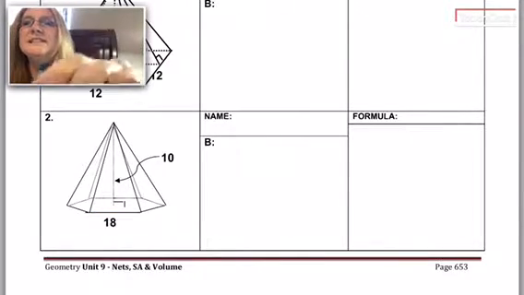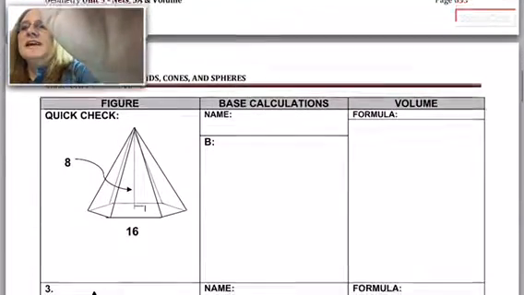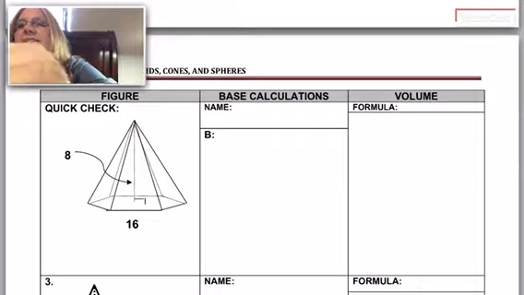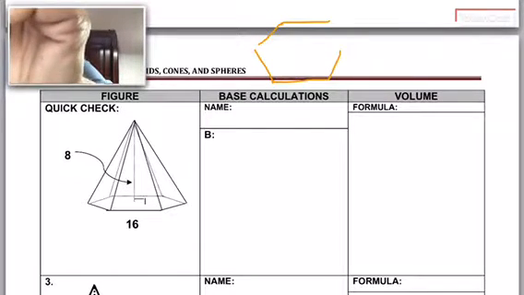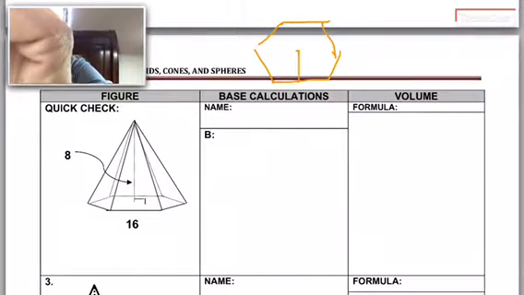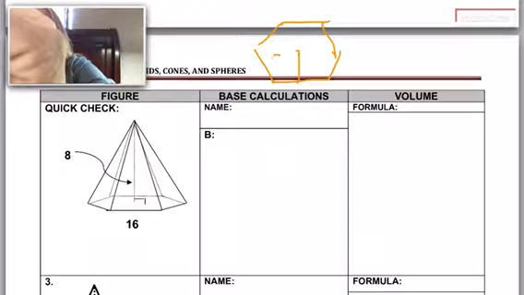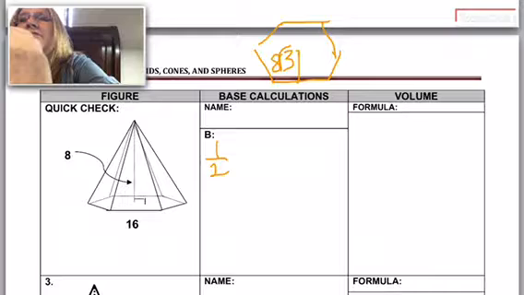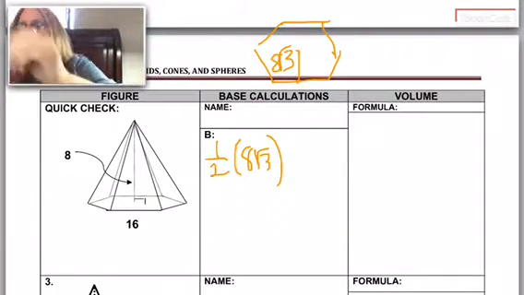The one below it is exactly the same. This time, though, the base is 16, so we should know without too much hassle that the apothem is going to be 1/2 of 16, so 8 to the square root of 3. So this is 1/2 8 to the square root of 3 times the perimeter of the base.